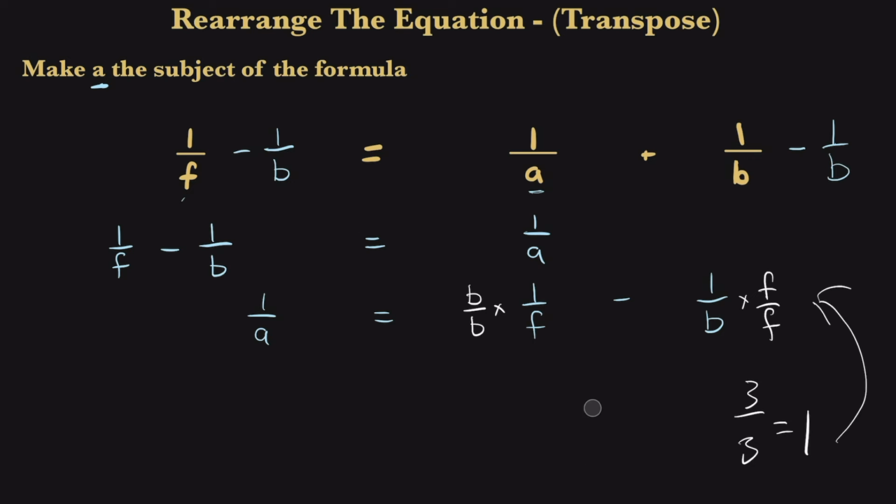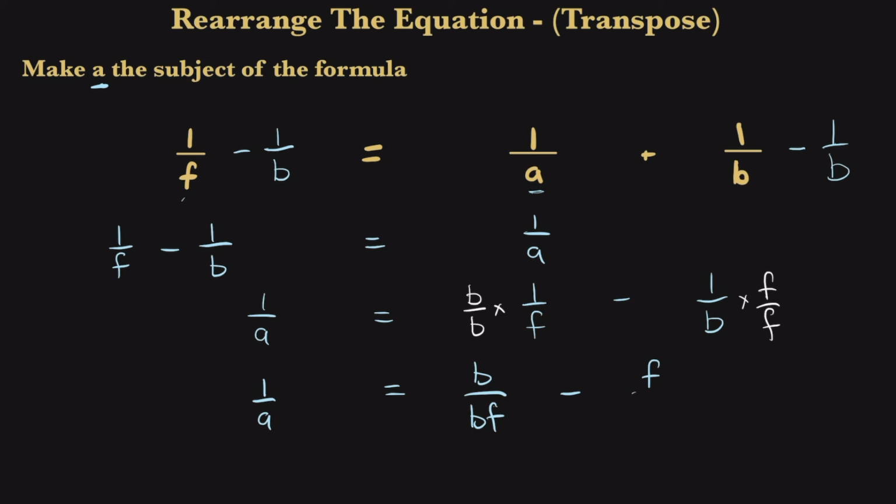So let's just get rid of that. If I multiply those out, I'm going to have 1 over a is going to be equal to b over bf, subtract f over bf.